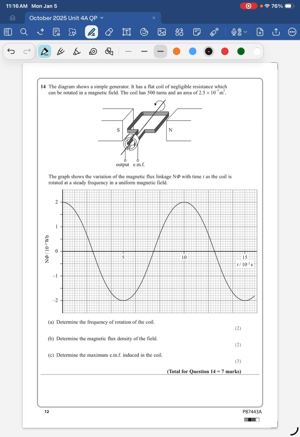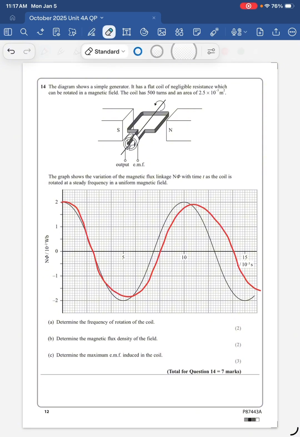As you can see, and this does not only have to do with A-level physics, in any type of physics or engineering, whenever you see something that looks like this, you have to immediately think of sines and cosines. Before I tell you the answer, take a moment to guess whether this is a sine or a cosine.